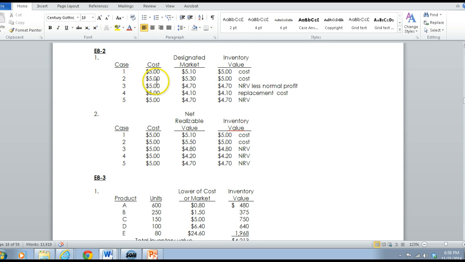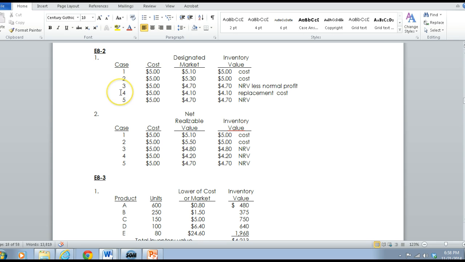Here the cost was 5, the market was 5.30, we're going to stay at 5. In the third scenario, the cost was 5, the market is 4.70. We're going to put it down to 4.70.